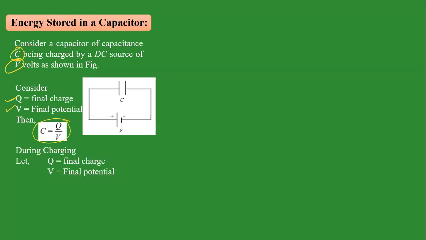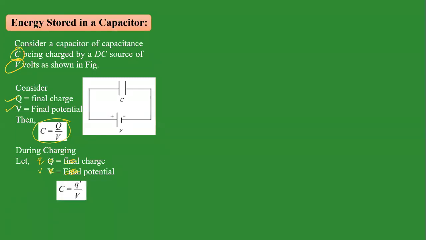So during charging, when we have started adding charge on this capacitor plate, at any instant I consider small q dash is the charge and small v is the potential.